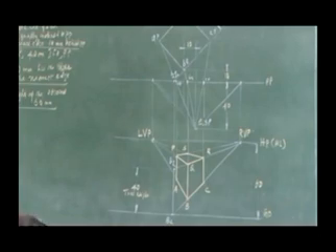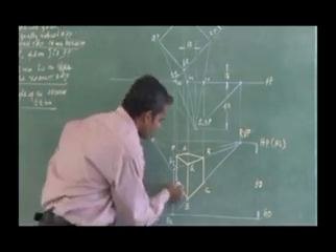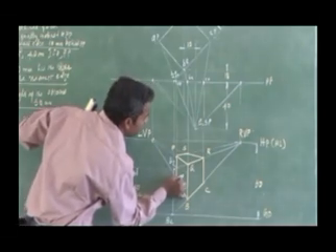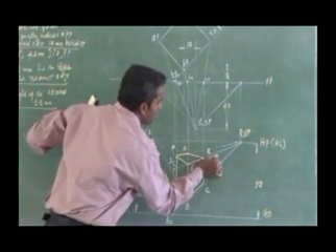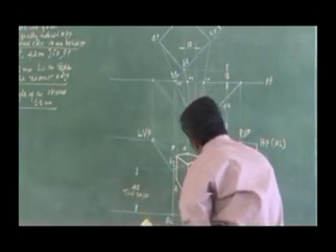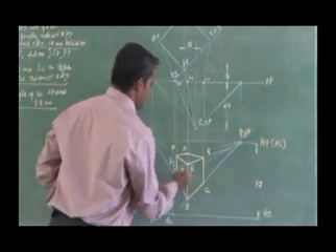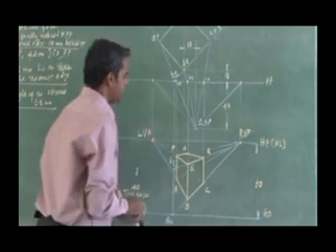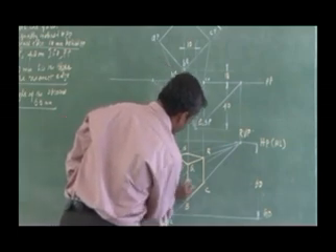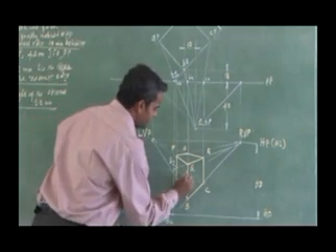So PQRS. Similarly, I have another, D. I can get it by joining A to the right vanishing point, C to the left vanishing point. So I will have my A. So that is going to be my ABCD.